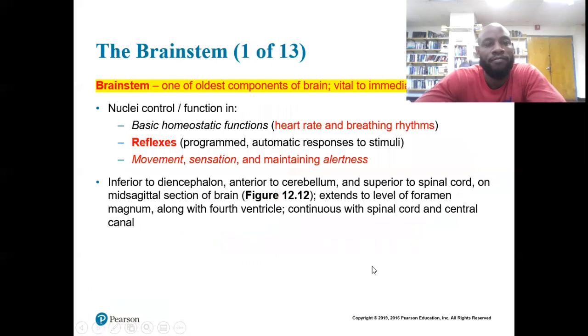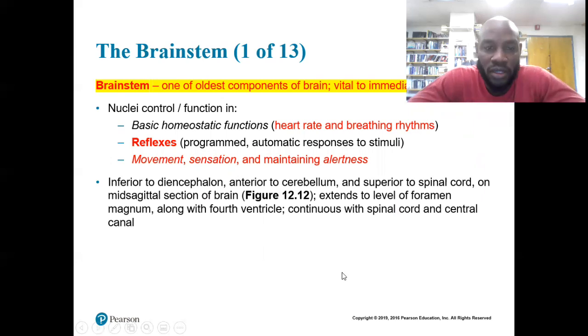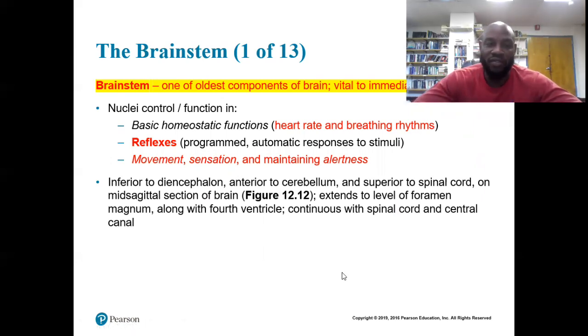Okay. Now we have the brainstem. One of the oldest components of the brain. They believe this develops very early on in the embryo. Vital to immediate survival. You have to have this. Right? Nuclei. Remember nuclei?